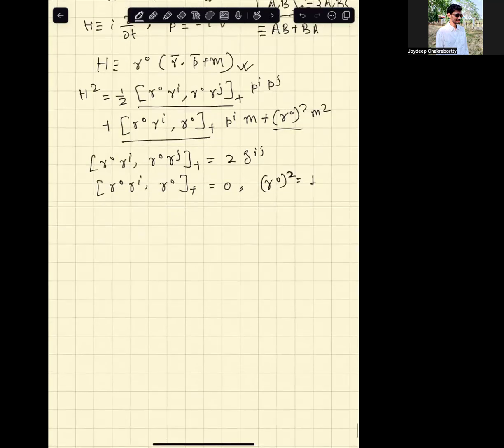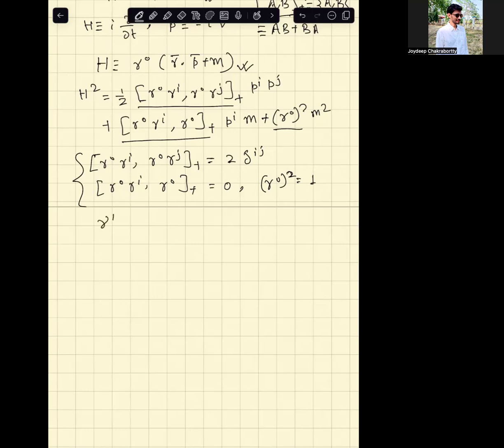If these three relations are satisfied, then you can see I can get back that Hamiltonian that we started with, the h square. Now the question is, we have identified in this particular form, do they form any kind of algebra, or what about these gammas?